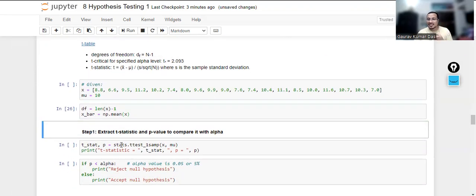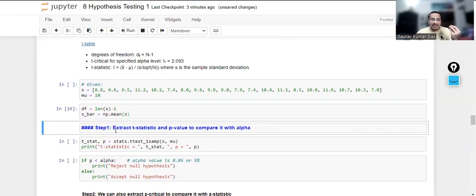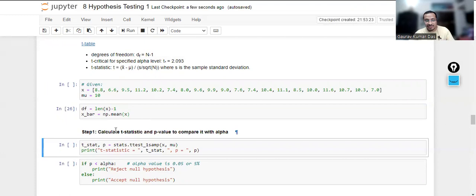Now to do the t-test, again, we have to calculate the t-statistic and the two-sided p-value, right? Okay, just like we did in z-test. But for z-test, we imported stats dot something, z-test, right? Here it will be stats.ttest_1samp. ttest_1samp.